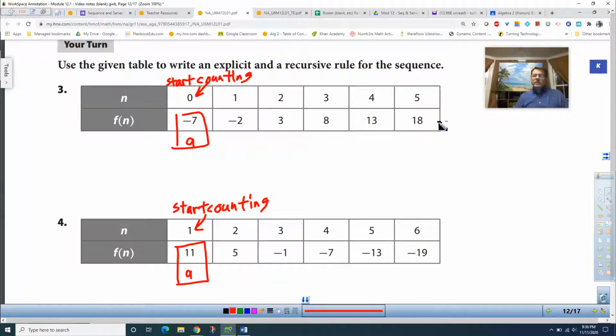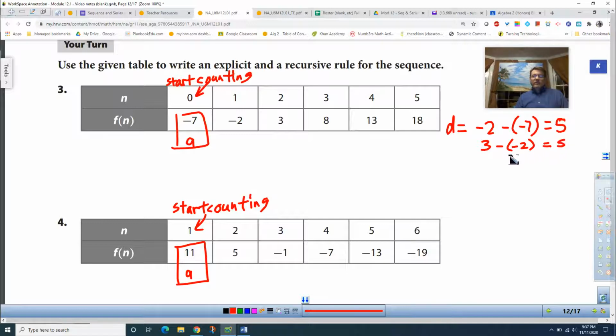So then what is D going to be? Well, look at all those crazy negatives. You could say that's negative 2 minus negative 7. Well, that's really plus, so that gives me 3? No, that's 5. And then you got 3 minus negative 2.